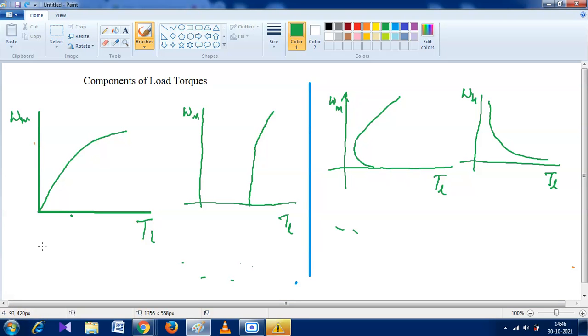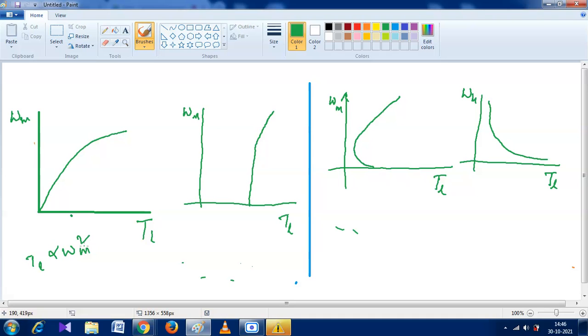Can anyone tell me? We have to change our topic also. Suppose we get the nature of the speed of a car. The first one is TL proportional to omega m square nature.